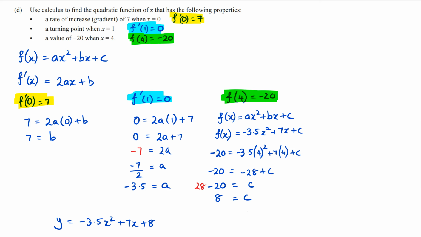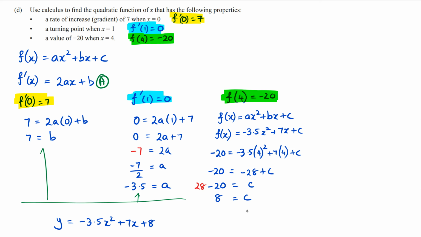Cool. So let's have a look at what you get for grades. General form of quadratic with derivative found is achieved, so getting up to here gets you an achieved. With the derivative found and made equal to 7 when x equals 0, and made equal to 0 when x equals 1, you need to do both of these parts.